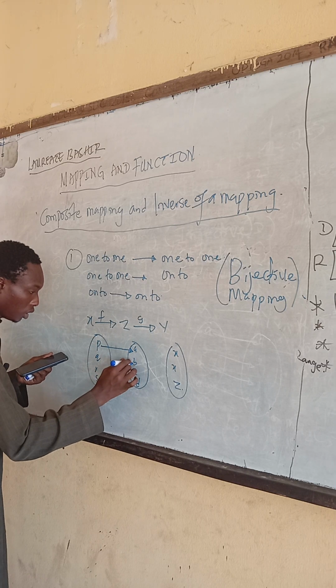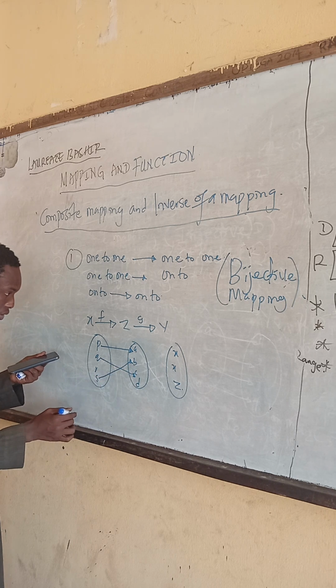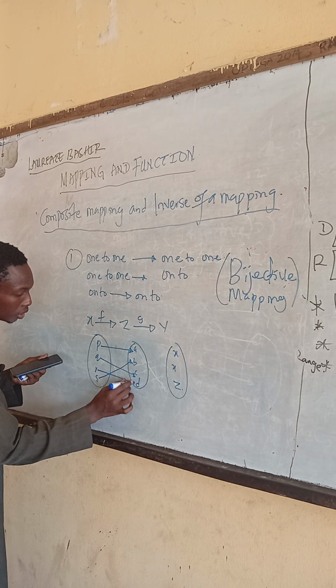S is mapped to B, Q is mapped to C, and R is mapped to D.